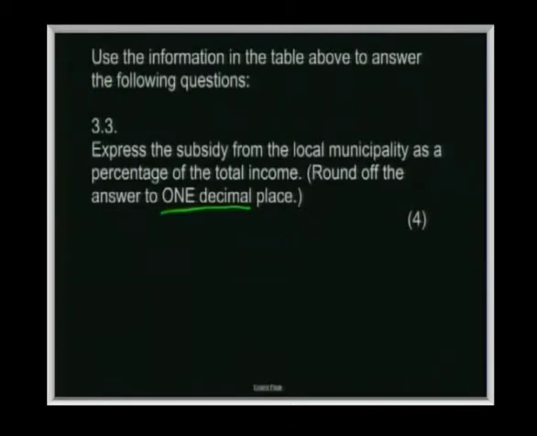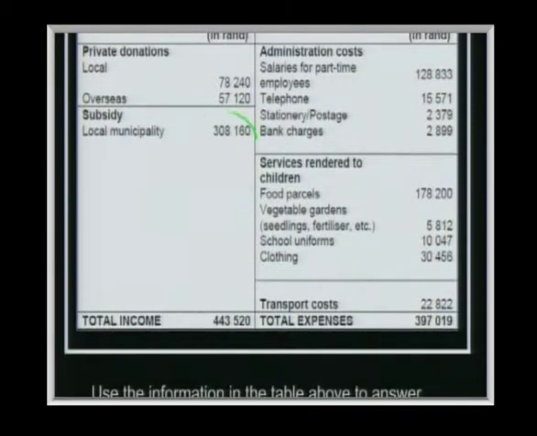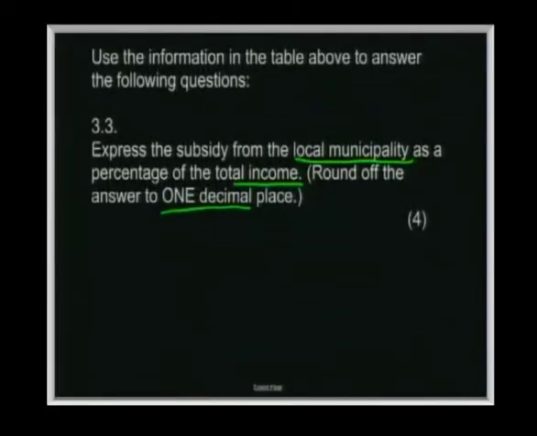So the thing we need to do first of all is to work out what the income from the local municipality is and what our total income is. So referring to our table, local municipality is 308,160. We're going to write this as a percentage, so therefore the best idea is to write it as a fraction first. So let's write that.